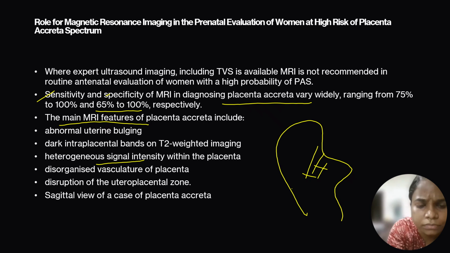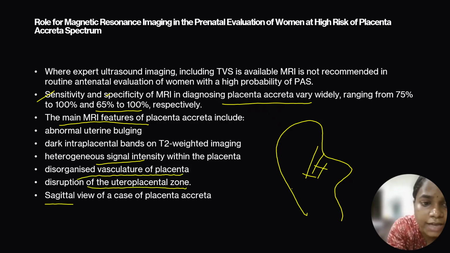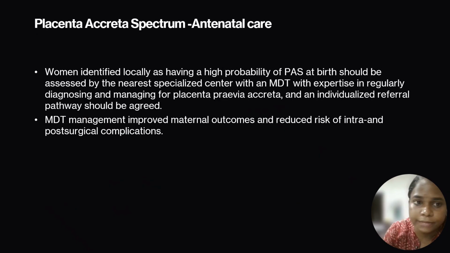So whenever they ask you about MRI features, you should say dark bands, signal intensity, these things. Ultrasound features are different, there is no signal. And the vasculature of the placenta is disorganized. The uteroplacental zone is disrupted. And in sagittal view, you can see placenta accreta.